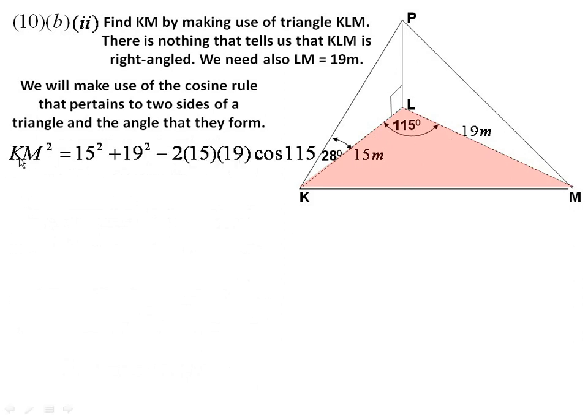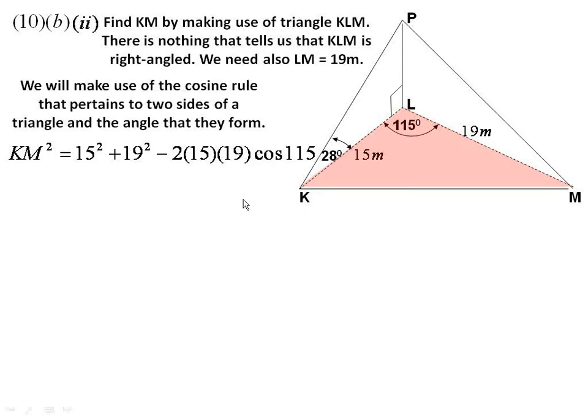So the cosine rule says that the side opposite to the angle is equal to this one squared plus this one squared minus 2 times this times this times the cosine of the angle that the two sides form. And right here, CSEC, well, I don't think that they set a trap. It's just that they need the students to be aware that the cosine of an obtuse angle is negative.